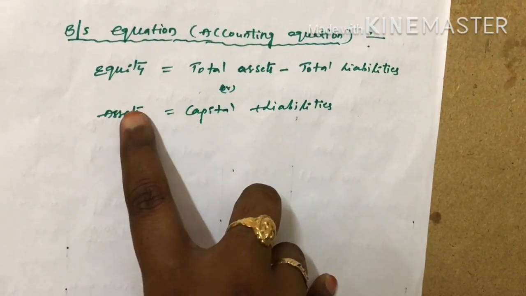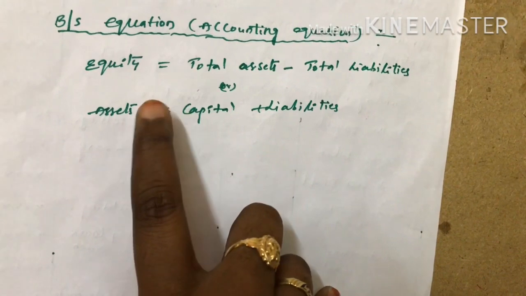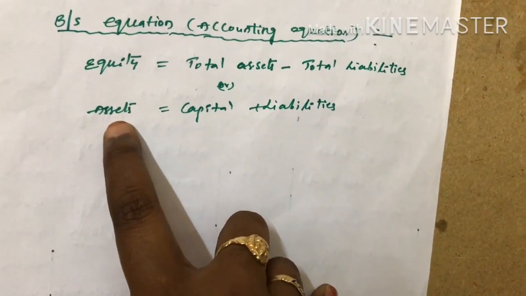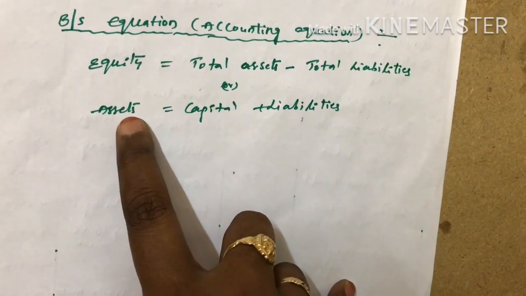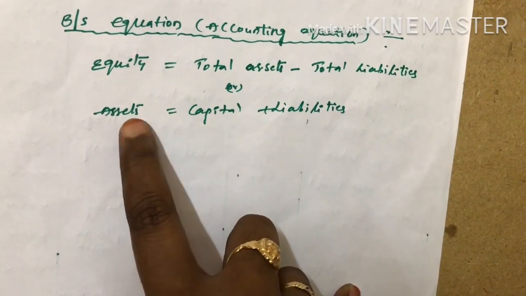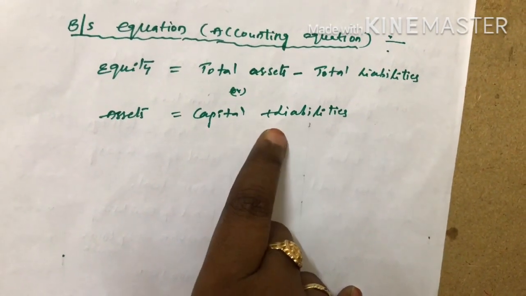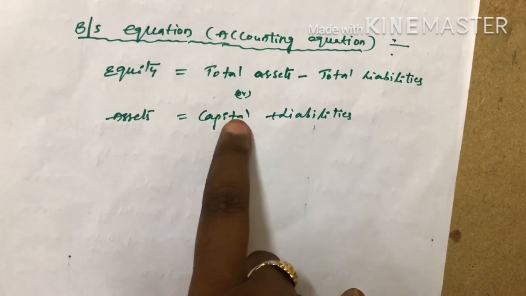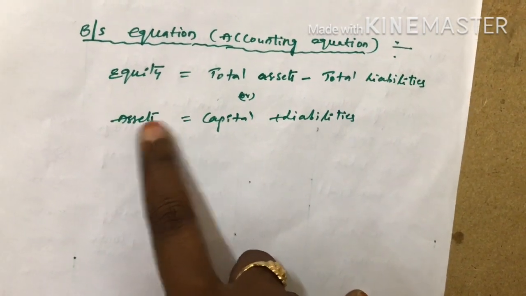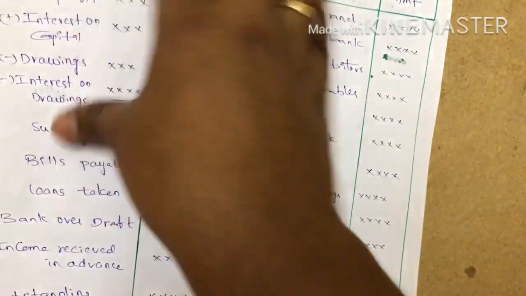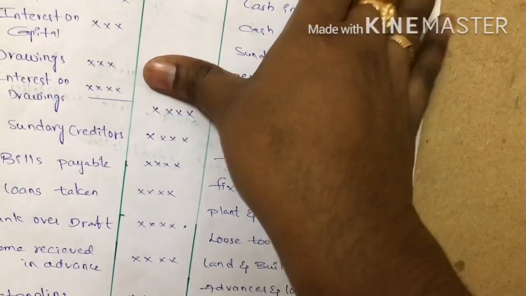Suppose in a given problem, assets are not given and you want to find assets. Then capital and liabilities are given, you add these two and write the total as assets. Let us see the format to clear up why you don't write it otherwise.